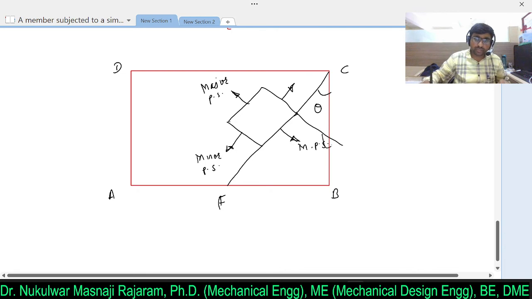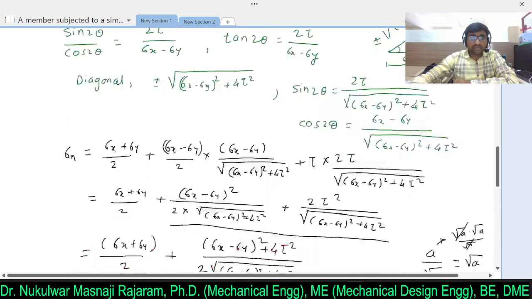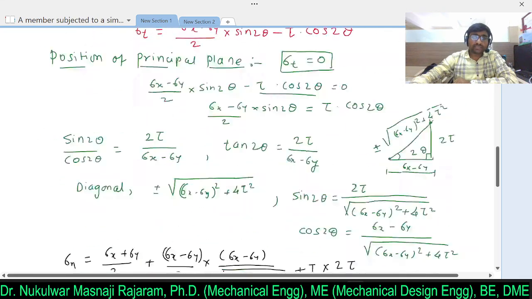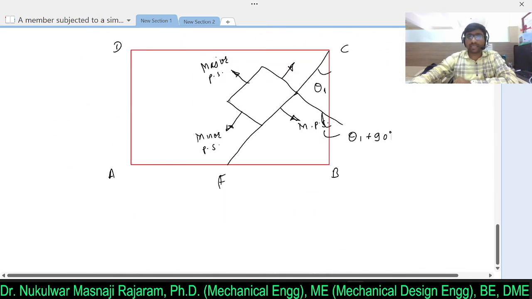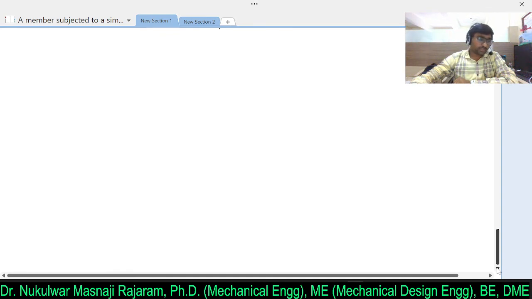If I measure, sorry, if I consider this theta, then this angle will be theta 1 plus 90 degrees. So this is all about the major principal stress and minor principal stress acting on a member when two mutually perpendicular direct stresses and a simple shear stress are acting. I hope you understood the concept.